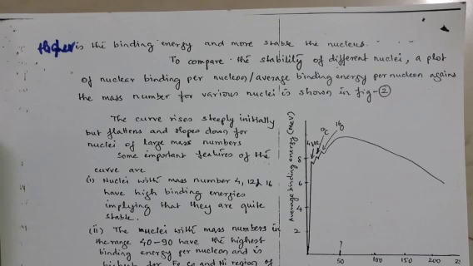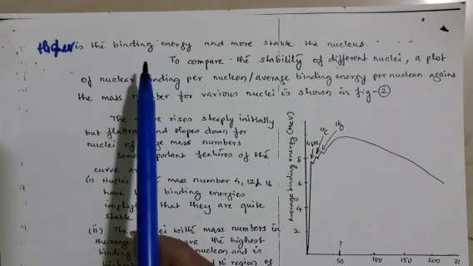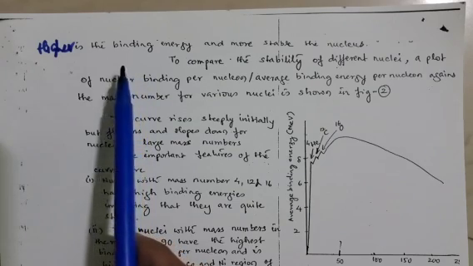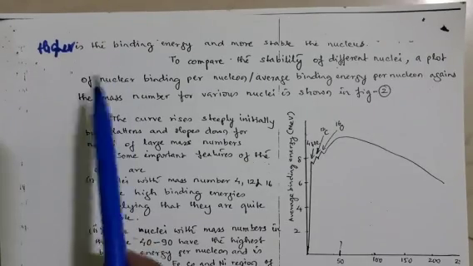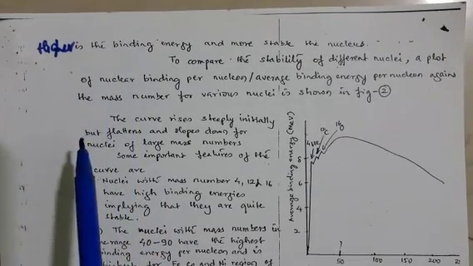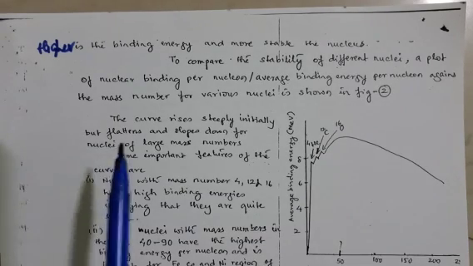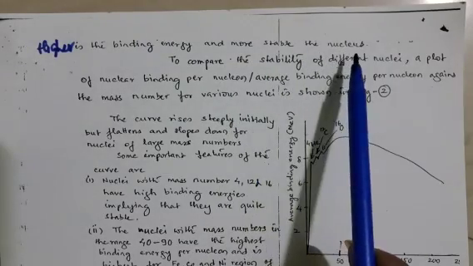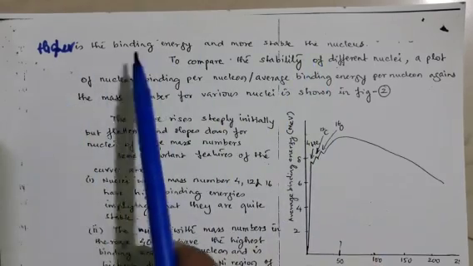So how is this binding energy related to the stability of the nucleus? We know that the binding energy is the amount of energy released when a nucleus is formed by the combination of protons and neutrons, or the energy required to break the nucleus into its constituent particles. The higher the energy needed to break the nucleus, that is the higher the binding energy, the more stable the nucleus is.